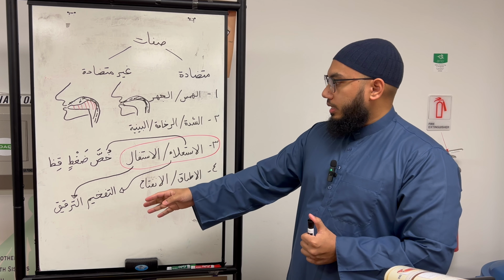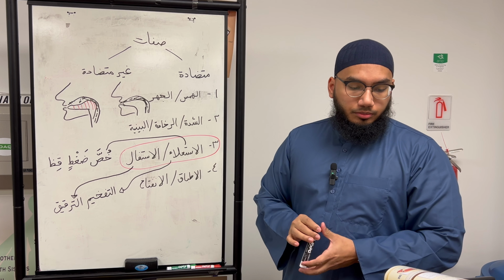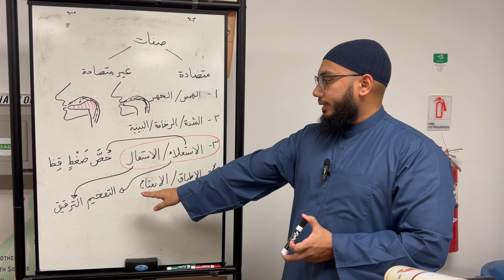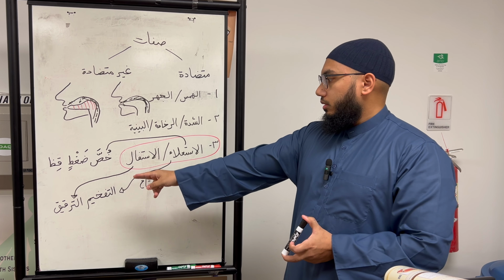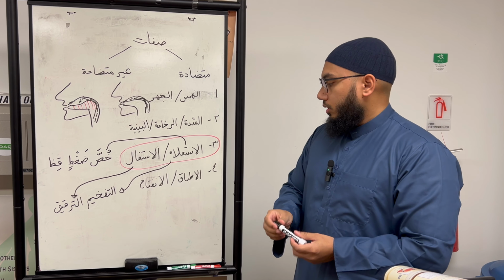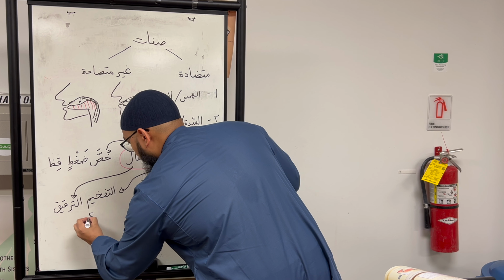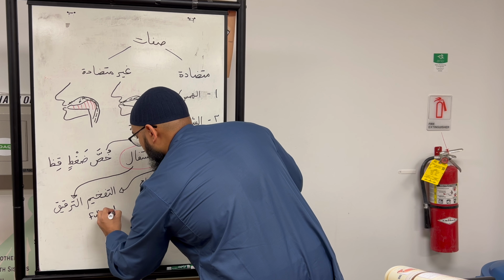And tarqiq is the sound which results from the flatness of the tongue. So the quality is called isti'la, the sound is called tafkhim, the quality is called istifal, the sound is called tarqiq. So in English, some people translate it as full mouth versus empty mouth.